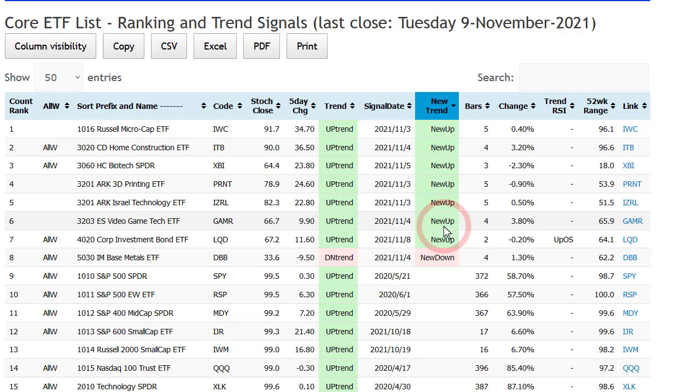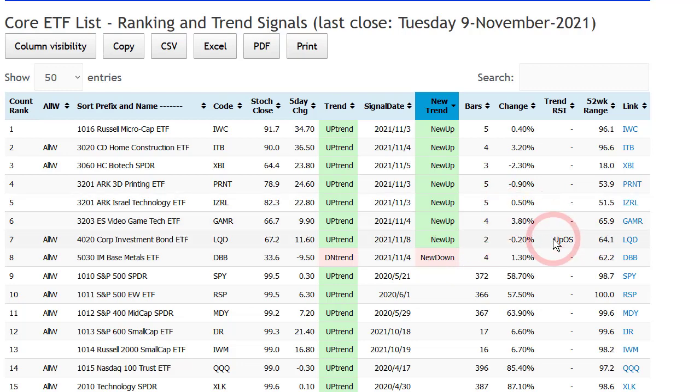Around 60% of these signals will result in a loss or a whipsaw. 40% will result in a profit, and of those 40% that are profitable, 10, 15, 20% are going to have some nice trends that are going to pay for those whipsaws. They're going to make the lion's share of the gains.